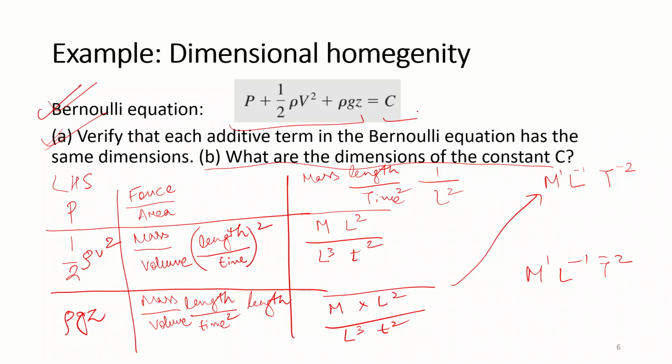This is essentially what dimensional homogeneity says: the left hand side and the right hand side should have the same dimensions. And we also saw that LHS and RHS units should be the same, and that each additive term should have the same dimensions.